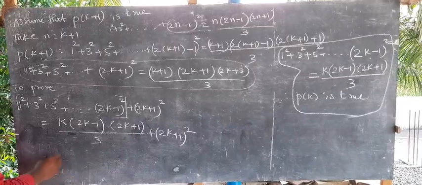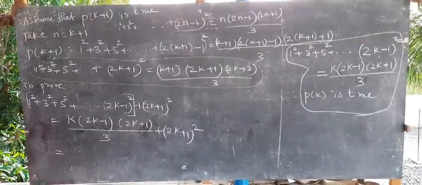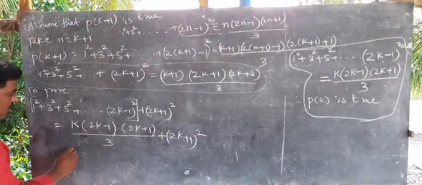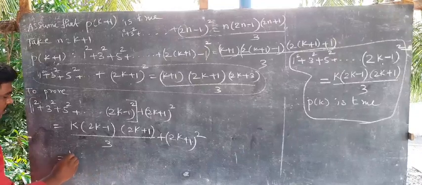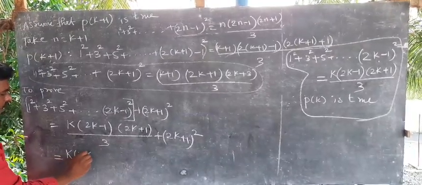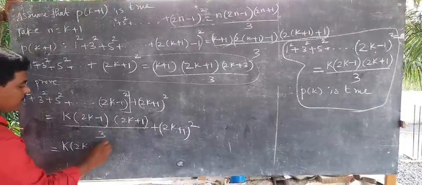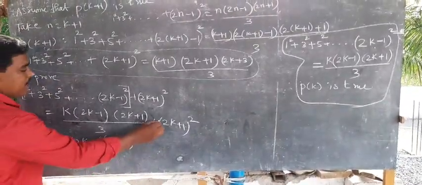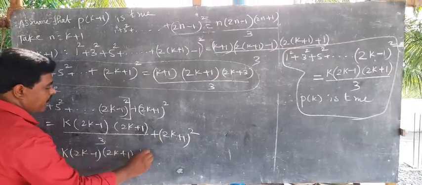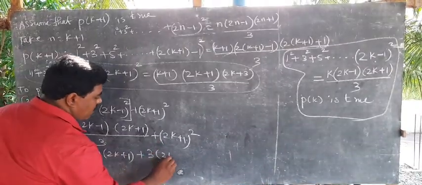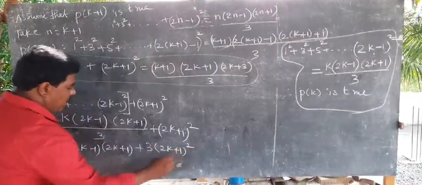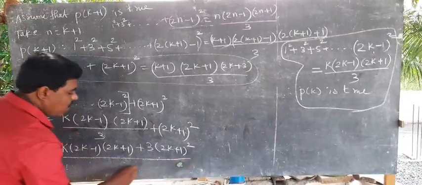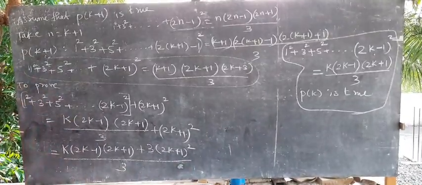Right. This equals k into (2k minus 1) into (2k plus 1). I take the LCM, so plus this 3 will multiply here, meaning 3 times (2k plus 1) whole square, whole divided by 3.